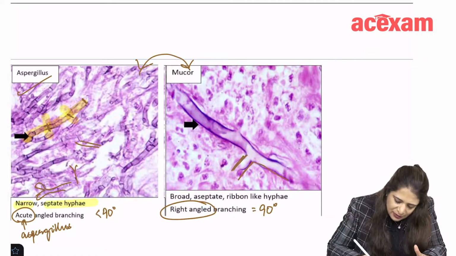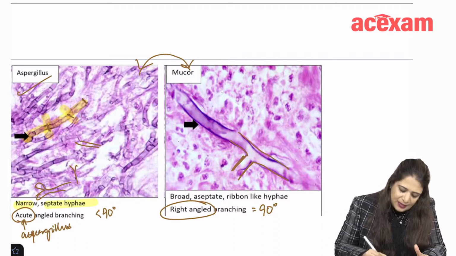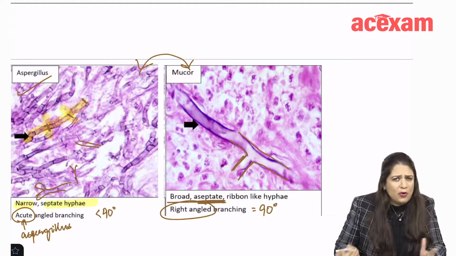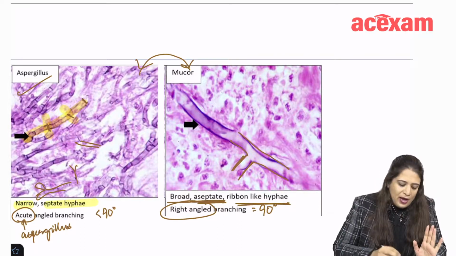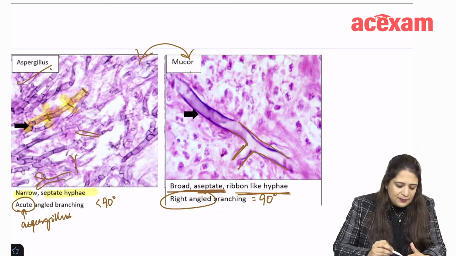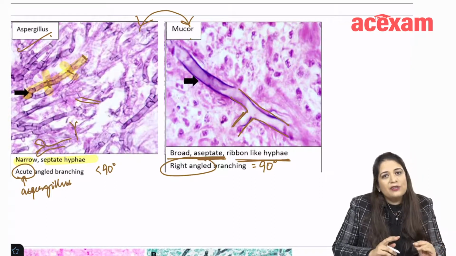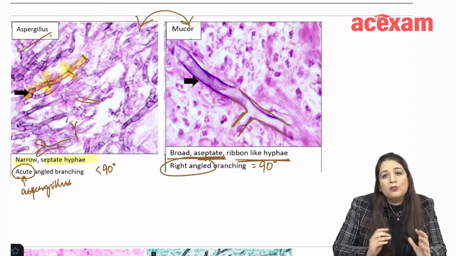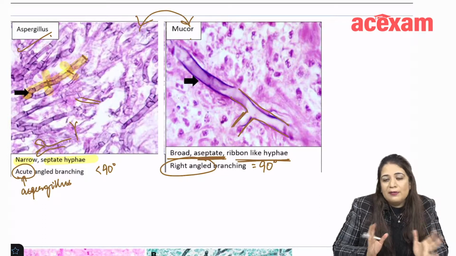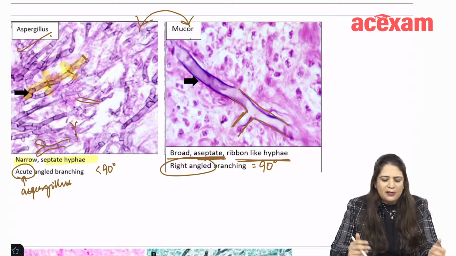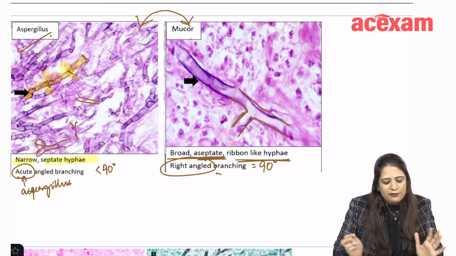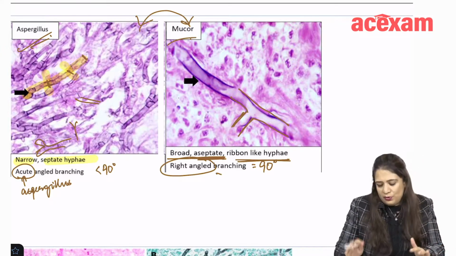Right angle branching is seen in mucor, and these are broad aseptate or pauciseptate ribbon-like hyphae. Remember, aspergillus versus mucor: aspergillus has acute angle branching with thin septate hyphae. Mucor, on the other hand, has broad ribbon-like aseptate hyphae. Confirmation can be done by culture, but the histological findings are enough to confirm whether aspergillus or mucor.